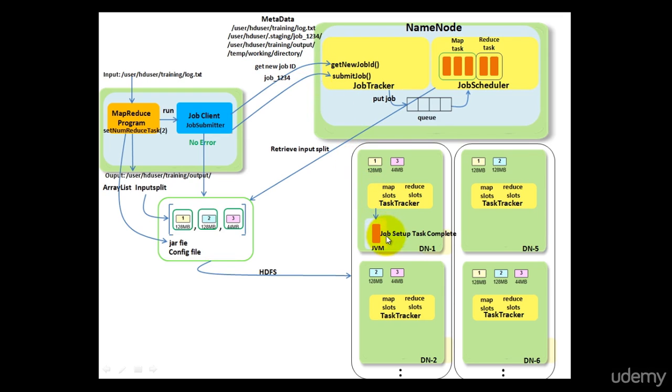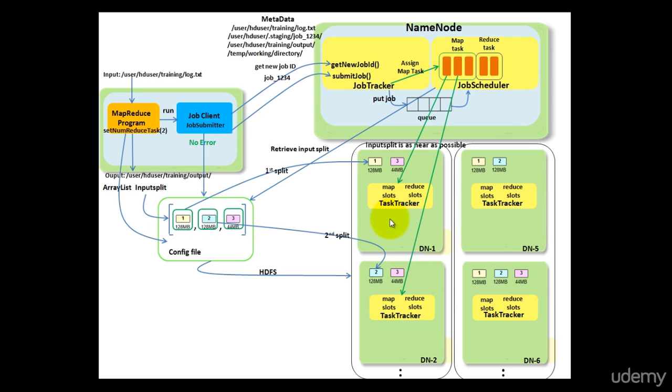After the job setup task is complete, map tasks are assigned to the task trackers. Map tasks are assigned such that its input split is as close as possible. In our cluster, the first split of the file is in data node 1. So the first map task is assigned to the task tracker running on data node 1. Similarly, the second map task is assigned to the task tracker running on data node 2.